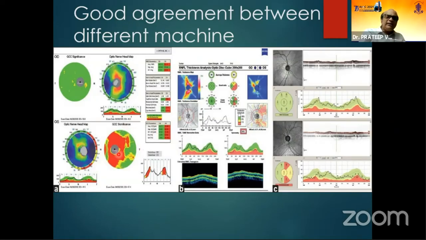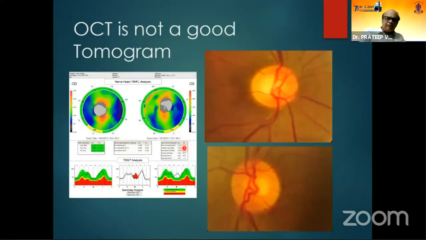Like in this, you can see that the left eye is showing a significant defect and the right eye is healthy. In another machine also, you can see the same patient, the left eye with a significant defect and the right eye healthy. In another machine, again the left eye shows the significant defect and the right eye is pretty healthy. So there is a good agreement between all, but the data is not interchangeable or comparable. You cannot compare the RNFL thickness of one machine with another machine.